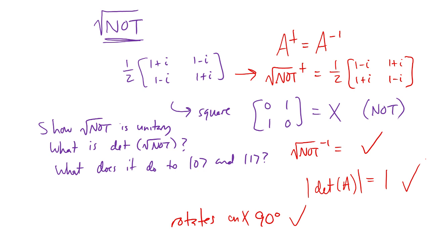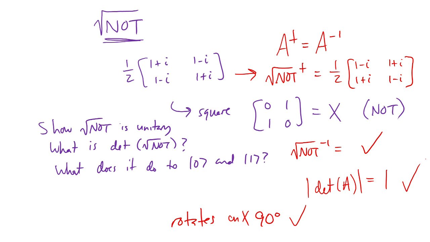Maybe for the last few minutes of class, why don't you show that the square root of NOT gate is unitary and find its determinant. And answer the question, what does it do to 0 and 1? So what do we need to do to show that the square root of NOT gate is unitary? We need its adjoint equal to its inverse. So what's the adjoint of this matrix?